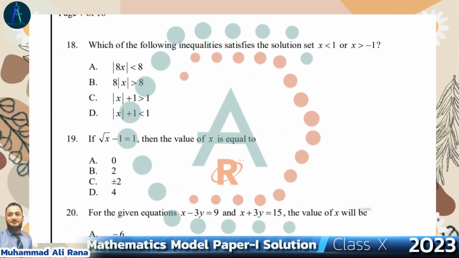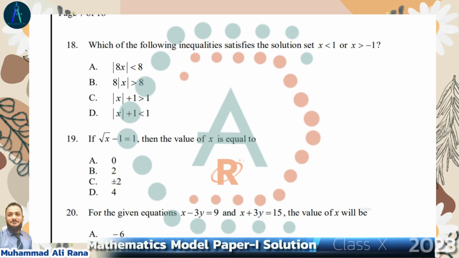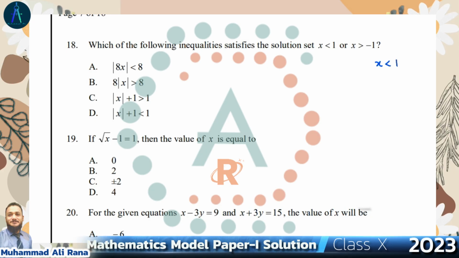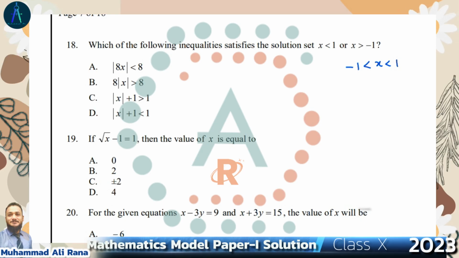Then we have question number 18. Which of the following inequality will satisfy that x is less than 1 and greater than minus 1? So first option को हम simplify करते हैं.